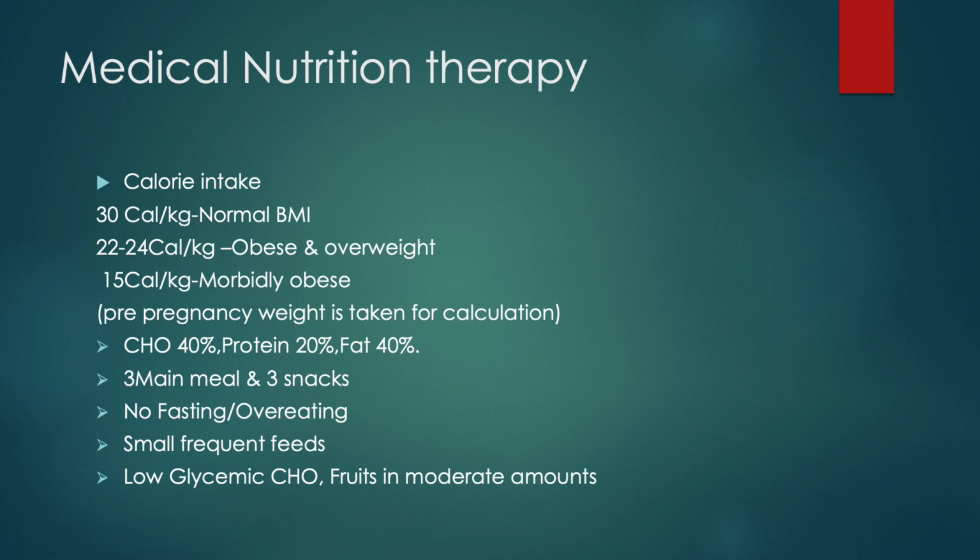So usually we prescribe 3 main meals, breakfast, lunch and dinner, and 3 snacks, one in the mid-morning, another at 4 to 5 p.m., and the third snack at bedtime. She should also be advised that there should not be any fasting or overeating. This is again to avoid fasting hypoglycemia and postprandial hyperglycemia.